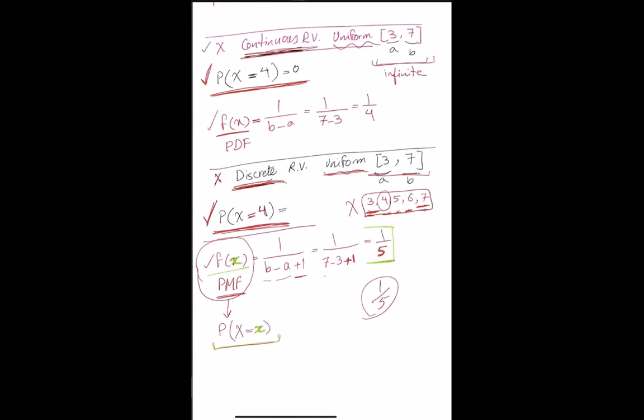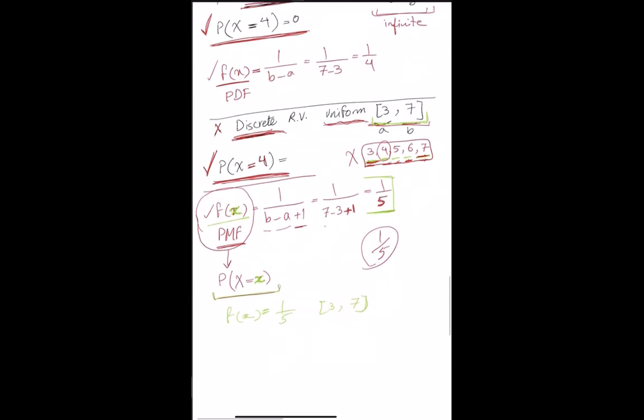I know the possible values of x are anything between 3 to 7, and those are 3, 4, 5, 6, 7. But f of x is 1/5 for all possible values between 3 to 7.